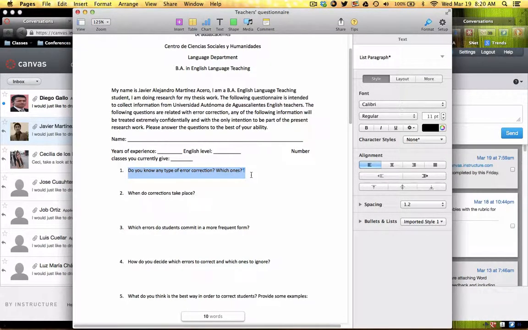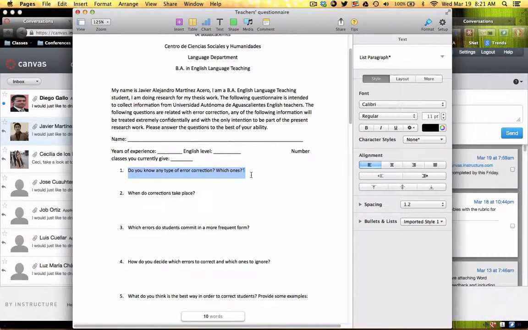They may be able to do so, but the point is not so much whether they can identify it, it's just to know or understand how and why they are implementing the types of error correction techniques in their class.